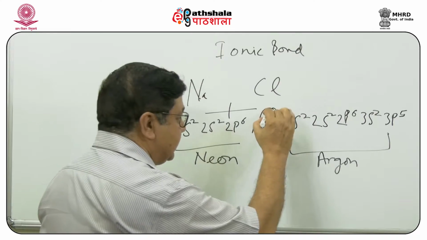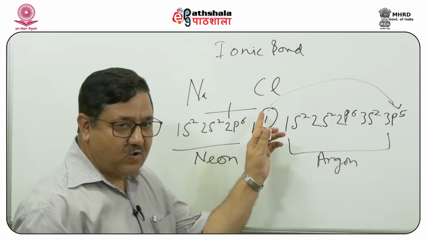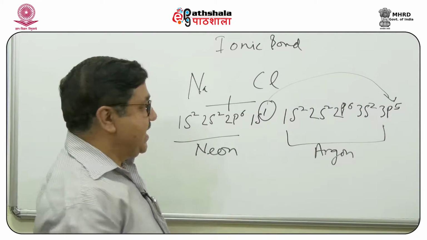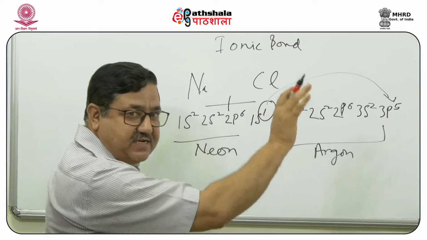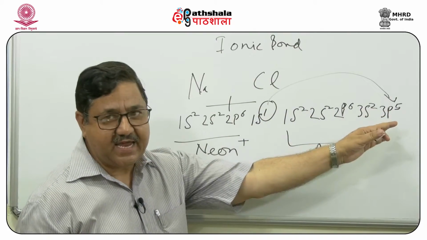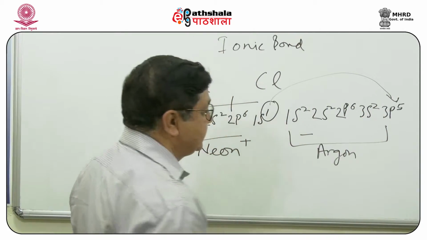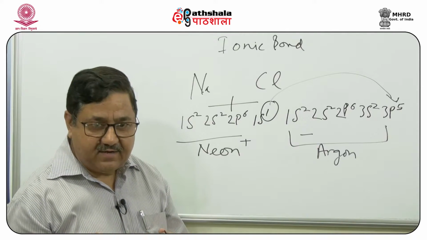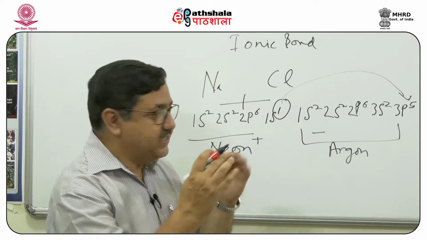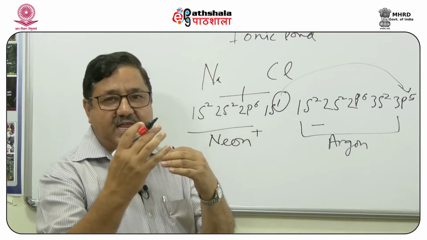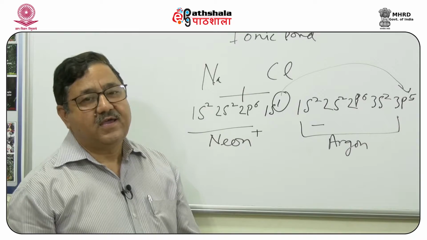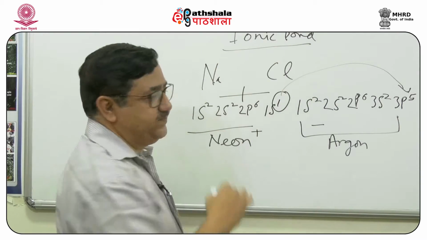So, this 1 electron goes to, or is shared by, the structure of the chlorine. Since 1 negative charge is going, that makes sodium positively charged, and since 1 electron is getting added here, it makes chlorine negatively charged. And when the opposite polarity charge is thus distributed, they are bonded together because of the opposite charges, and this kind of bond is called an ionic bond.